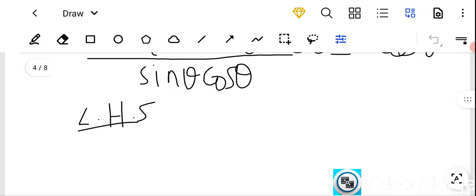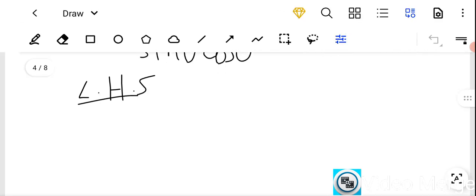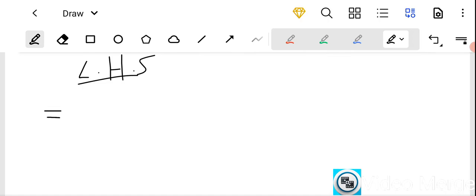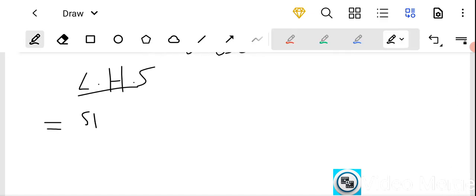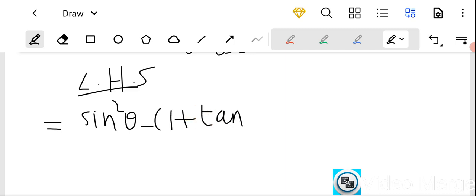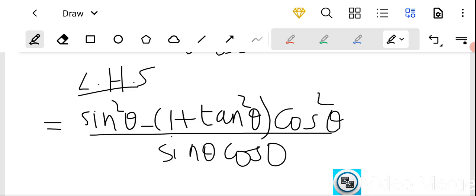Left hand side is equal to sin theta squared minus (1 plus tan theta squared), times cos theta squared, divided by sin theta cos theta.